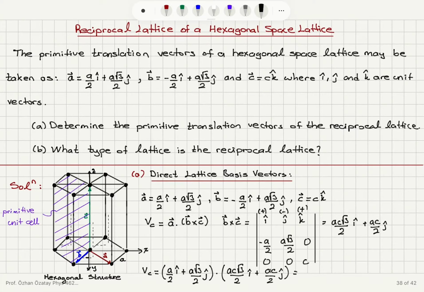So this will give us, for the i hat component, a squared c square root 3 over 4. i hat dot j hat is 0, so the cross term doesn't give us anything. And for the j hat component, I will have a squared c square root 3 over 4. So that gives us a squared c square root 3 over 2.